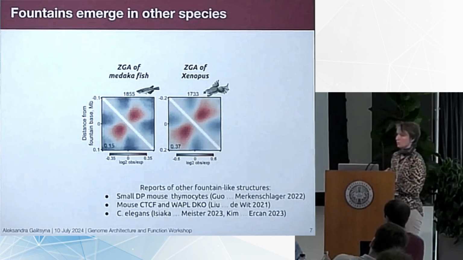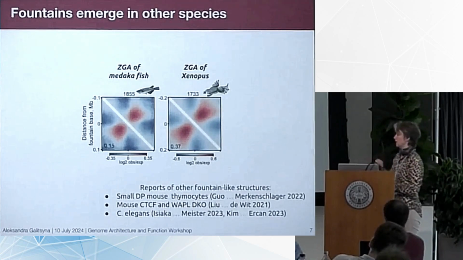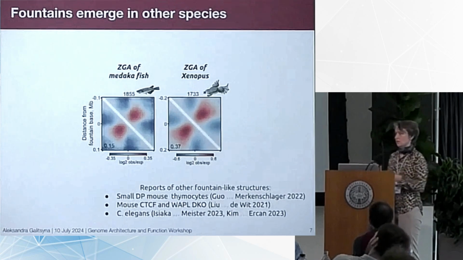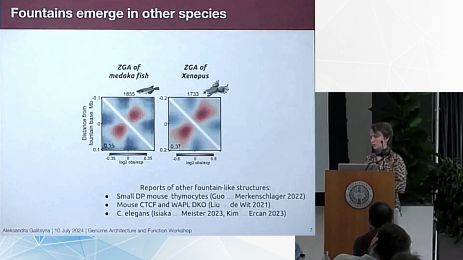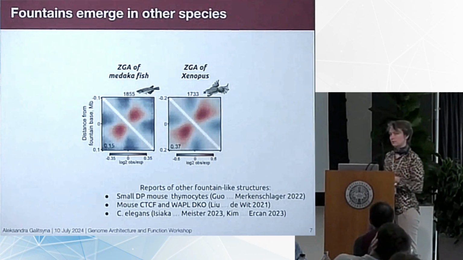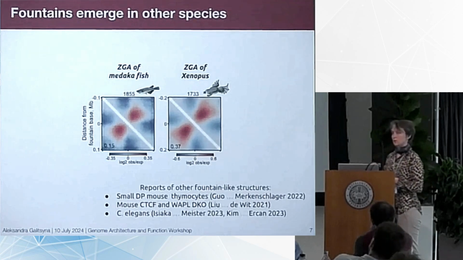Also, the structures emerge in the double knockouts of CTCF and WAPL. This is work from the Wutz lab. And finally, the structures are abundant in the 3D genome of lower species such as C. elegans, where there is no CTCF, where there are no boundary elements, but extrusion is present.